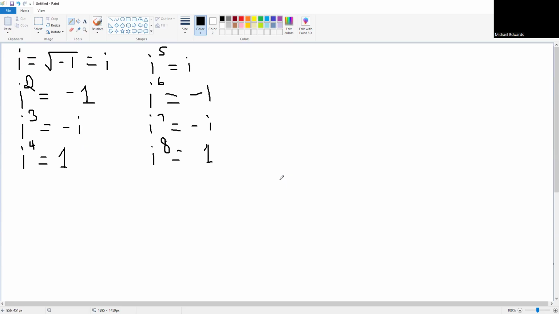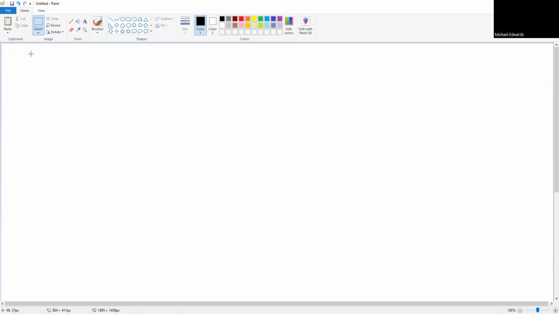I guess I could write the multiples, but it's in your book and you can see those there. And I think what I'm going to do is start some examples, and simplify the powers of i.